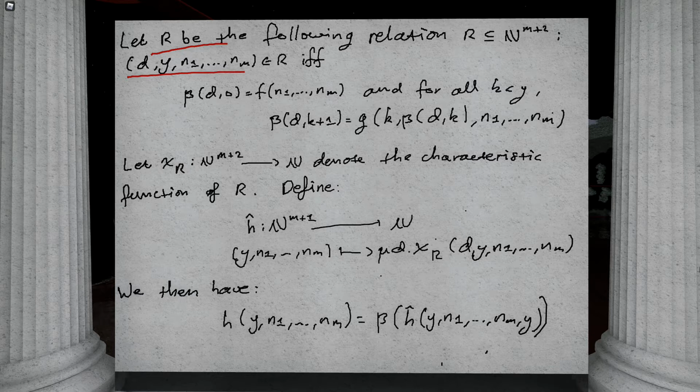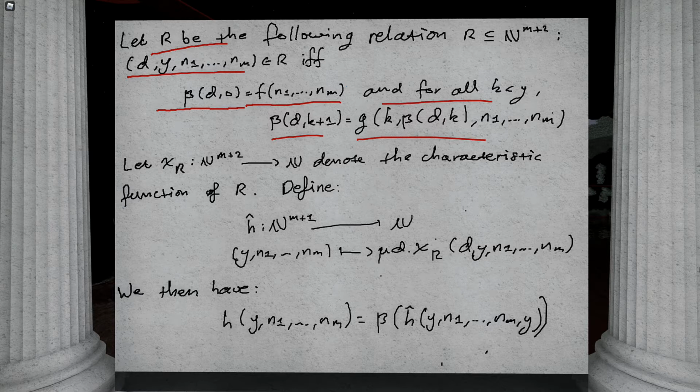That tuple is an element of R if and only if, when I apply the beta function, and last week I gave an explicit beta function, when I evaluate that at d comma 0, I get exactly f of n1 up to nm, which is the base case. And also, for all k less than y, beta of d comma k plus 1 is equal to g applied to k, beta d comma k, and n1 down to nm.